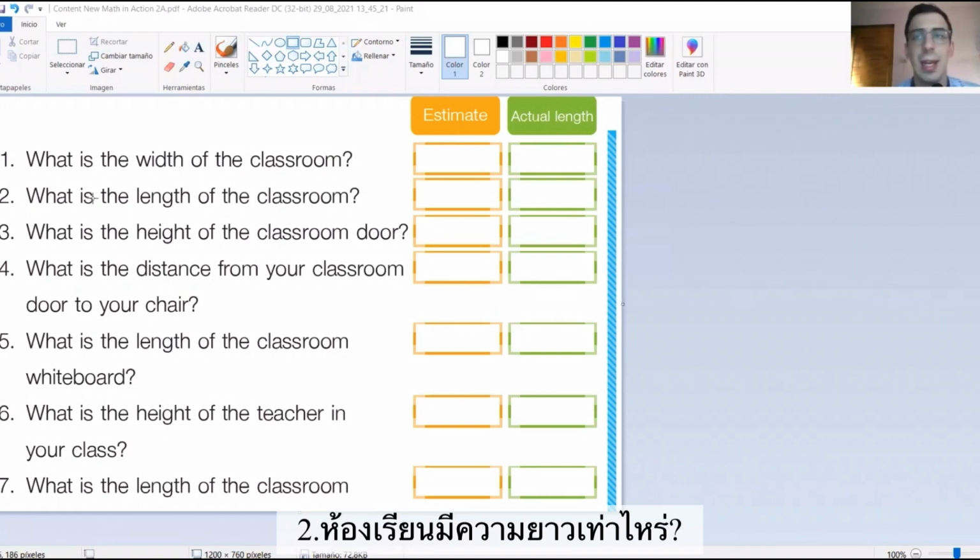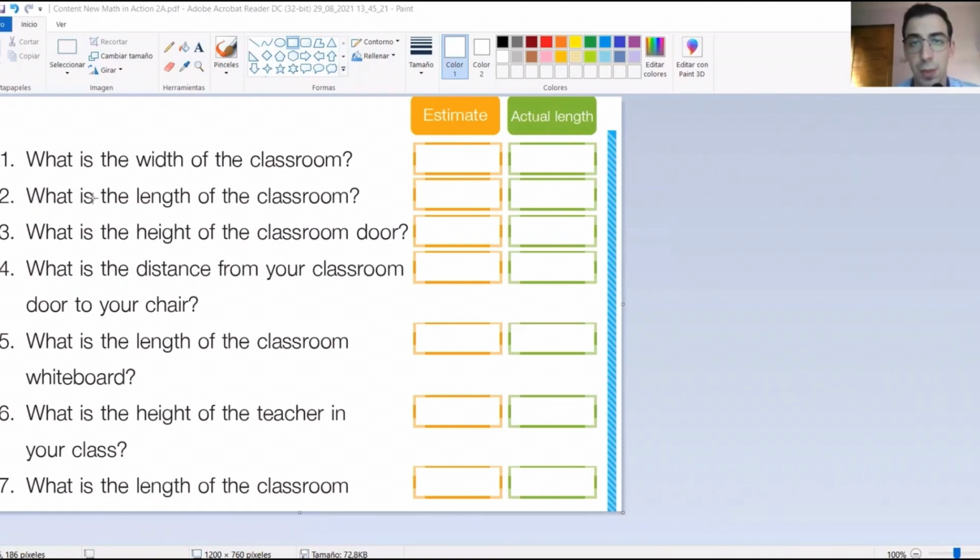Number 2, what is the length of the classroom? Put yourself again in the same place in front of the class, just next to the blackboard, and try to guess what is the distance from you to the front wall, far from you. How many meters do you think?